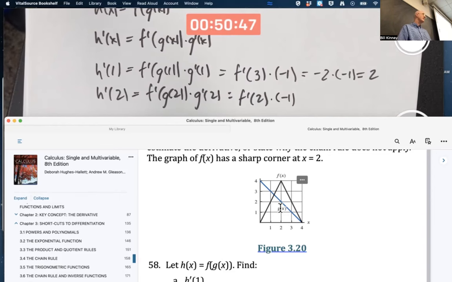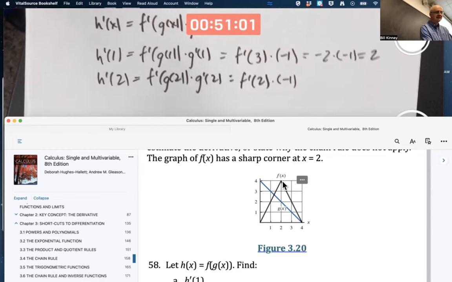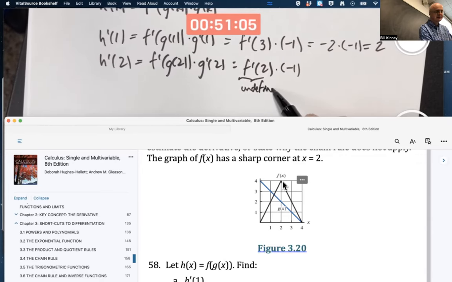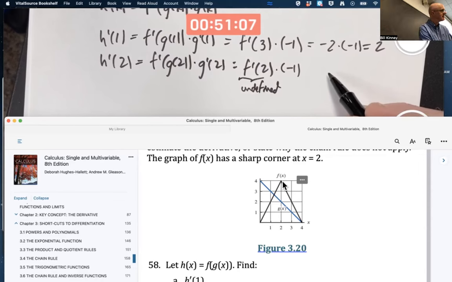But f prime of 2 is a problem, isn't it? 2 is right here. f prime of 2 is the slope of this upside down V right there, which is undefined. So the answer is undefined. Probably shouldn't say equals undefined, but just that it's undefined.